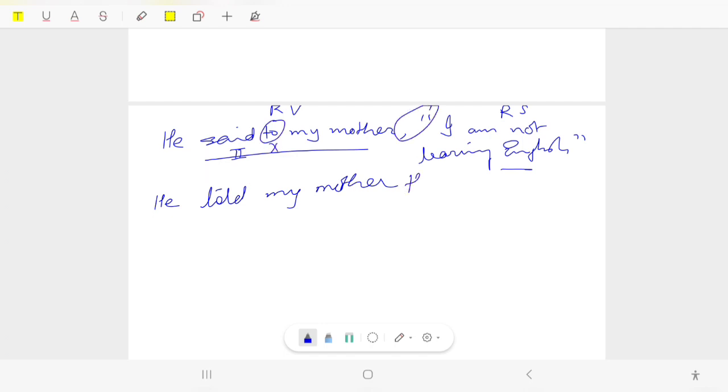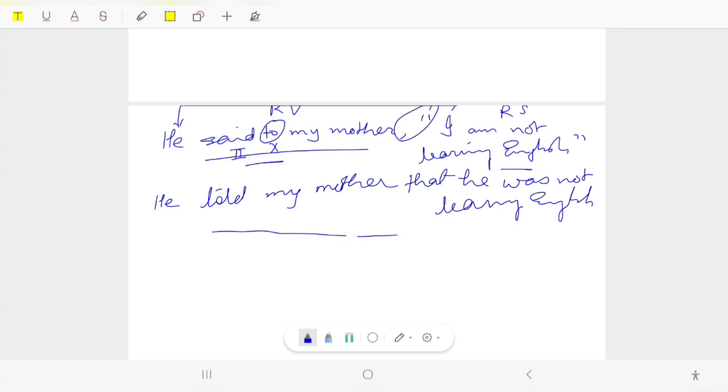Connector that. First person according to the subject, he. Since here it is past tense, we are going to change the tense of RS. And here I am not learning English, present continuous, it will go into past continuous. So I am not learning English will become he was not learning English. This is how we change tenses.